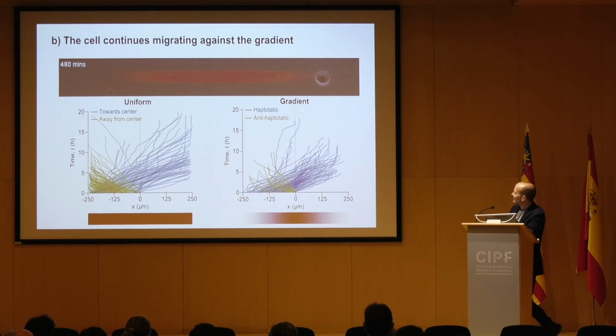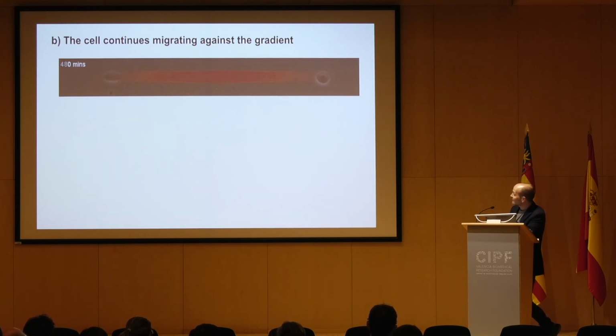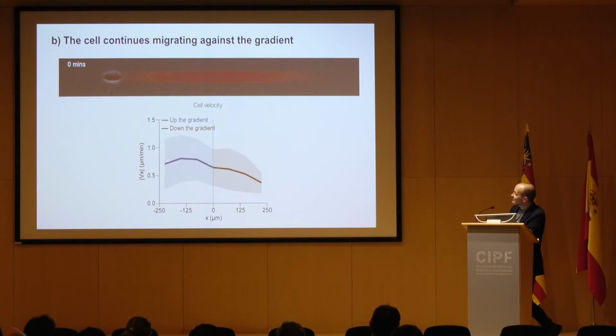But here, when you have this gradient, then some of them, to start with, go in that direction, but then the rest migrate. And once they hit the center, most of them continue to go. They don't continue to go at the same speed. You can see here that they're beginning to slow down. And in fact, if you compute the velocity, on average, you see that when they're going up the gradient, they are faster than they were going down the gradient. Eventually, of course, they will slow down and reach zero.